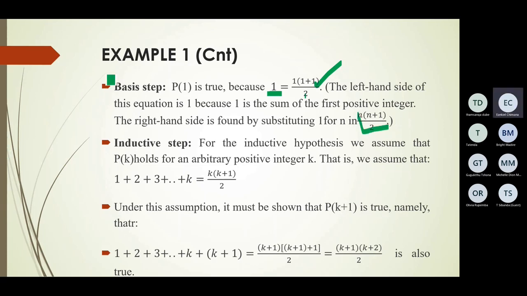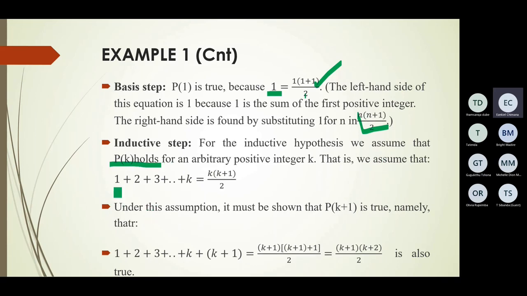So on the inductive step, what we need to give first is the hypothesis, or an assumption for P of k, or when n is equal to k. So for the inductive hypothesis, we assume that P of k holds for an arbitrary positive integer k, or P of k is true for a positive integer k.